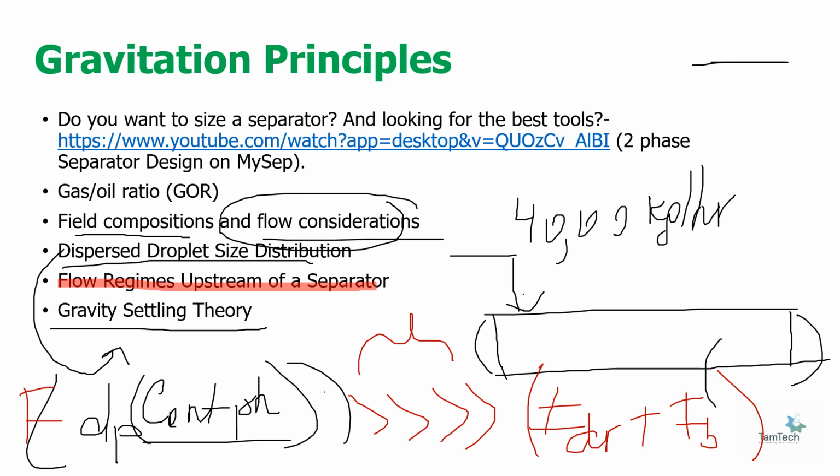When it's very close, it will take so much time for the droplets to settle in the separator, which means your residence time will also increase. The terminal velocity that we are going to calculate at the end comes directly from this balance of forces.